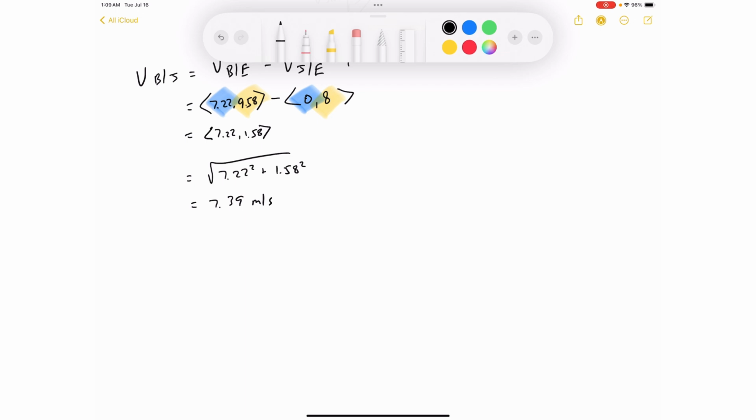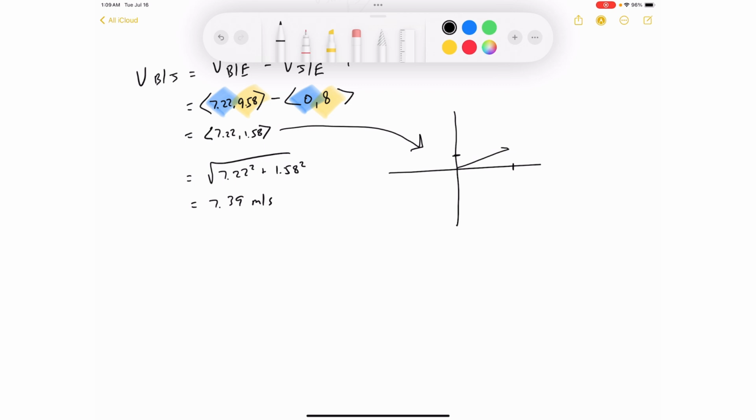Okay, so what we can do is draw another kind of grid like this, and I need the ball's coordinates, and its coordinates are right here, 7.22, 1.58. So it's 7.22 in x, something like that, 1.58 in y, something like that.